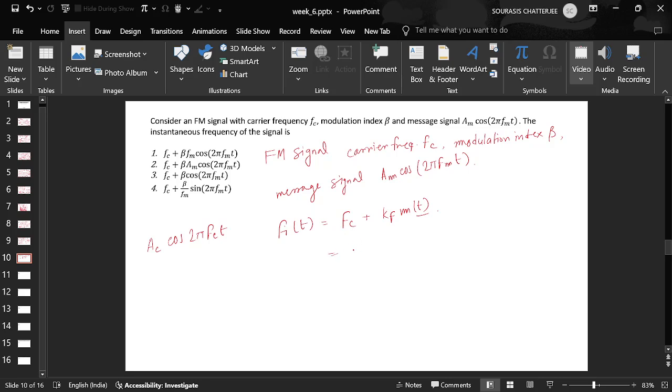And m(t) in this case is equal to Am cos 2 pi fm t. So we have Kf Am cos 2 pi fm t, right?